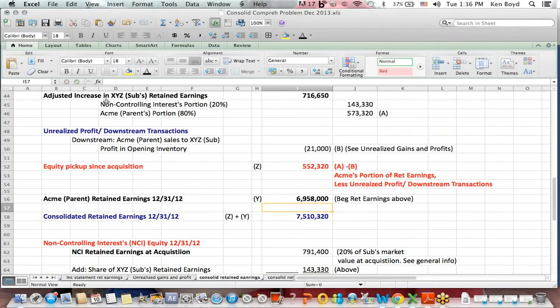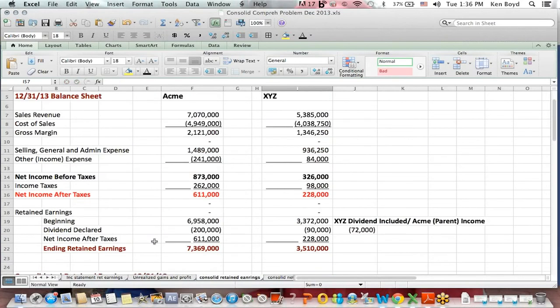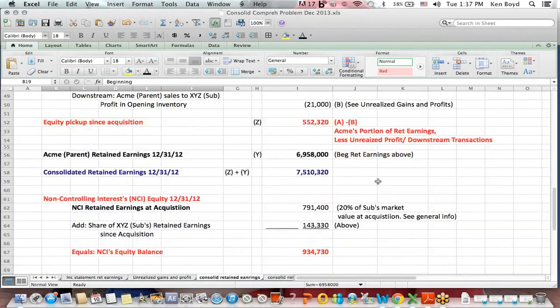I take Acme's retained earnings at 12/31/2012 from up above. The 6,358,000 comes from here, Acme balance sheet beginning retained earnings, which would be 12/31/2012.